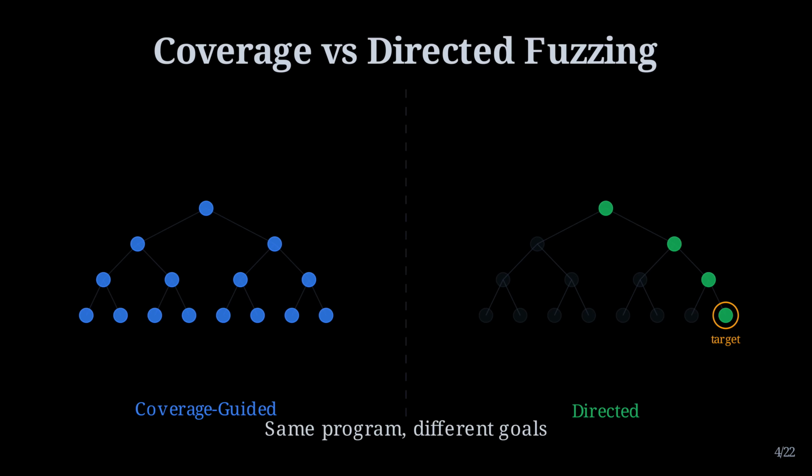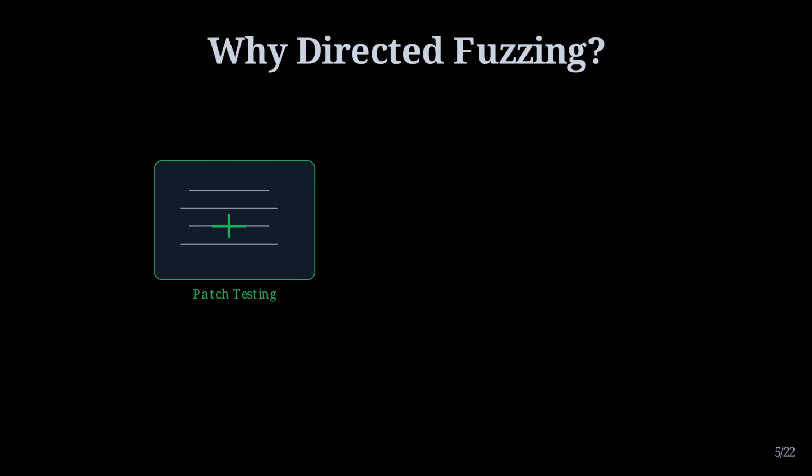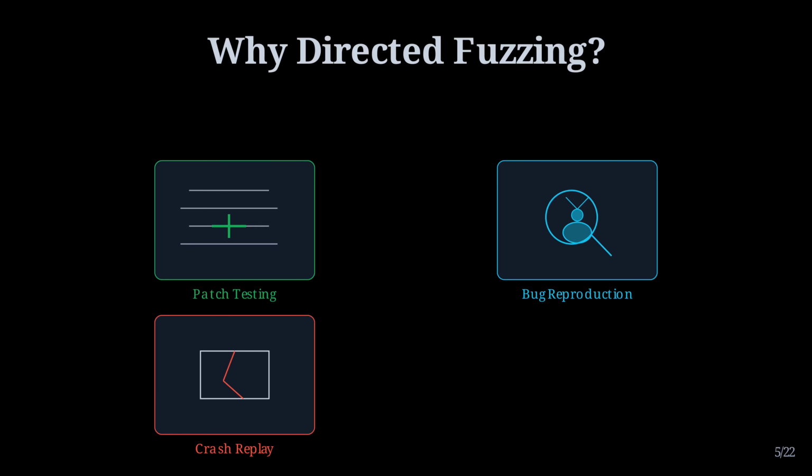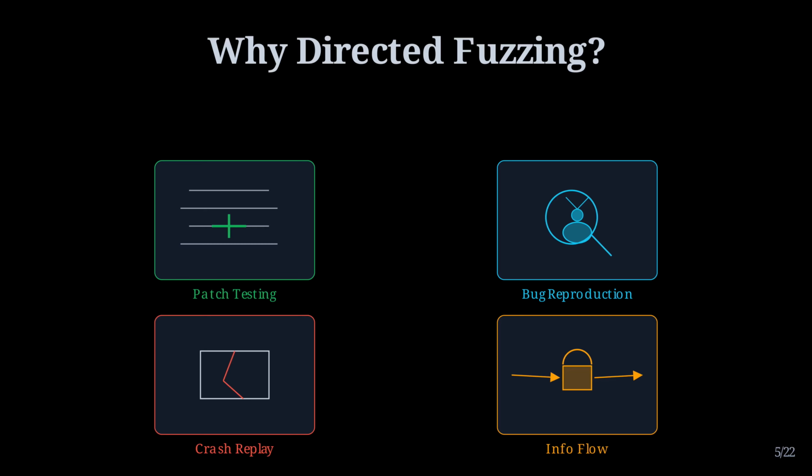The distinction is important because in a lot of real world scenarios, we already know exactly where in the code we want to reach, and spending time exploring unrelated code is just wasted effort and it costs us time and money. And there are several scenarios where this comes up. Patch testing, for example, a developer pushes a fix for a CVE and we want to verify the fix is actually complete, or in case of vulnerability reproduction, given a bug report, we need to generate a concrete input that triggers it.